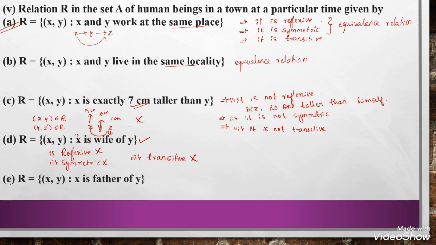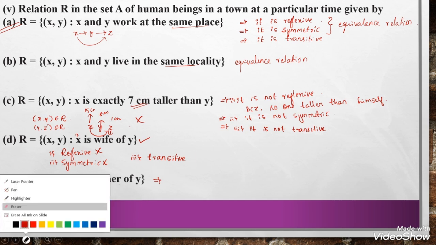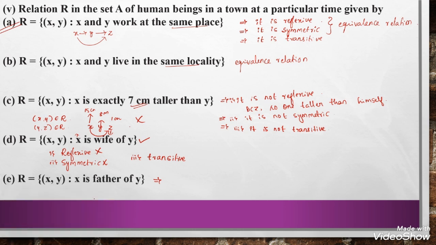Similarly, for the fifth condition, R is equal to (x, y) such that x is a father of y. Okay, it is similar to the fourth condition also. While checking the reflexive condition, x is not a father to himself.